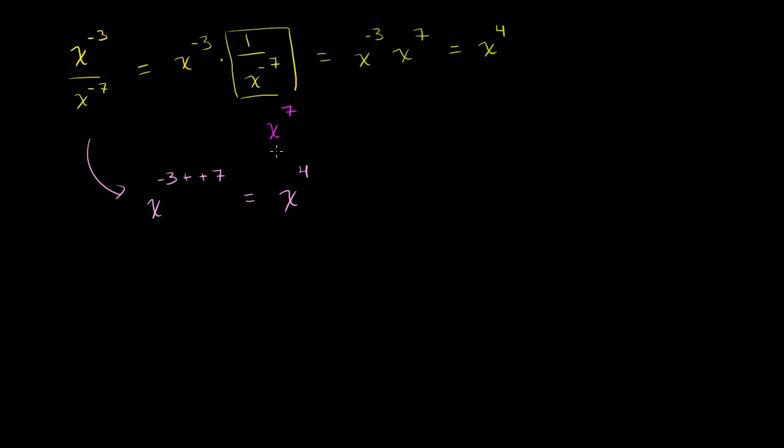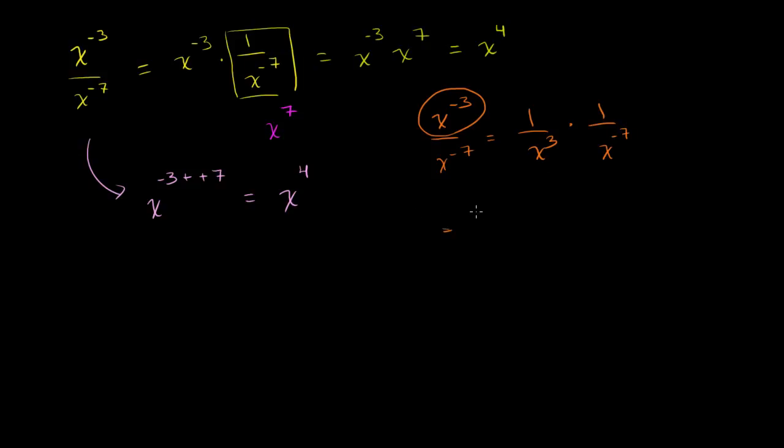And then one final way we could have, actually, there's more than one final way we could have done this. You could have said x to the negative 3 over x to the negative 7. Well, x to the negative 3 is the same thing as 1 over x to the third, times 1 over x to the negative 7.